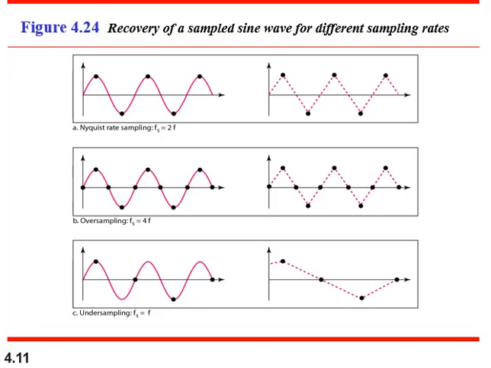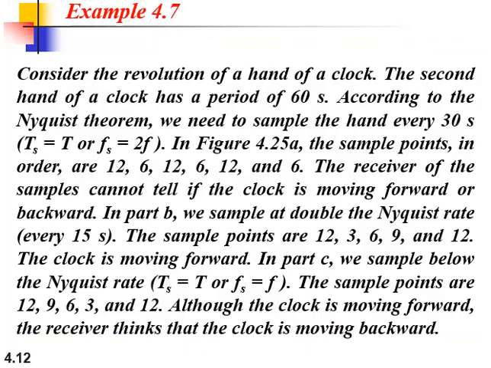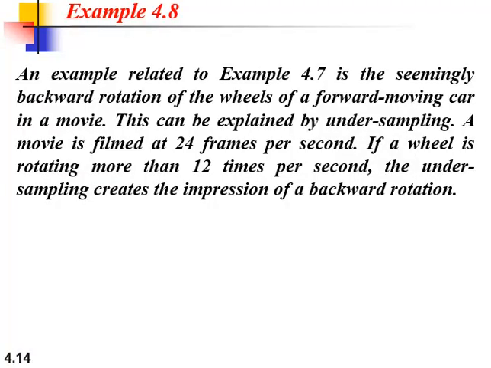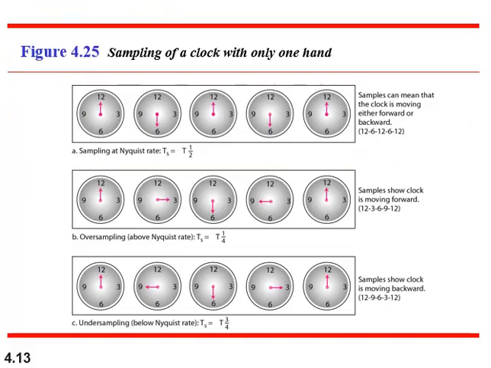Now, a similar example they have taken is with respect to the hand of a clock, wherein the clock has a single hand. With respect to that, how a sample can mean that the clock is moving either forward or backward. They have given an example with respect to the Nyquist rate: half of the period, a quarter of the period, and three quarters of the period.